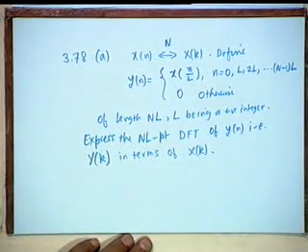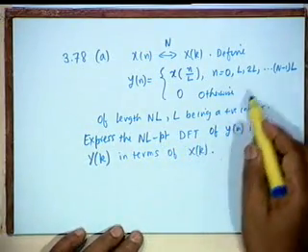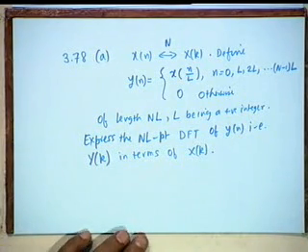That is the question. All right. You have to take the NL point DFT of y of n, there are NL points, and see whether it can be expressed in terms of x of k.